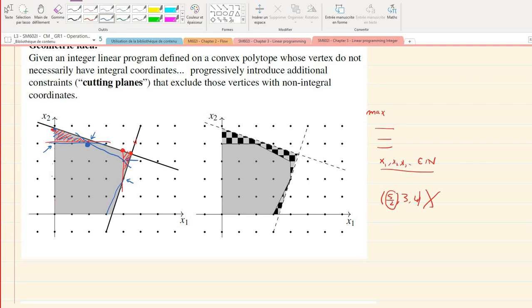You do all the simplex method to find a solution. It's not a good one. You do a cutting plane, and then you redo the simplex method again. So in each exercise of this chapter, you will be doing 2, 3, 4 calculations of the last chapter to find your solution. Any questions?